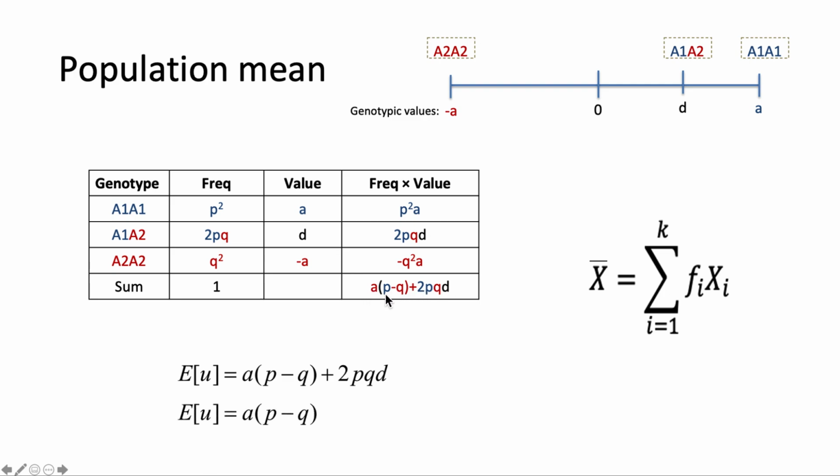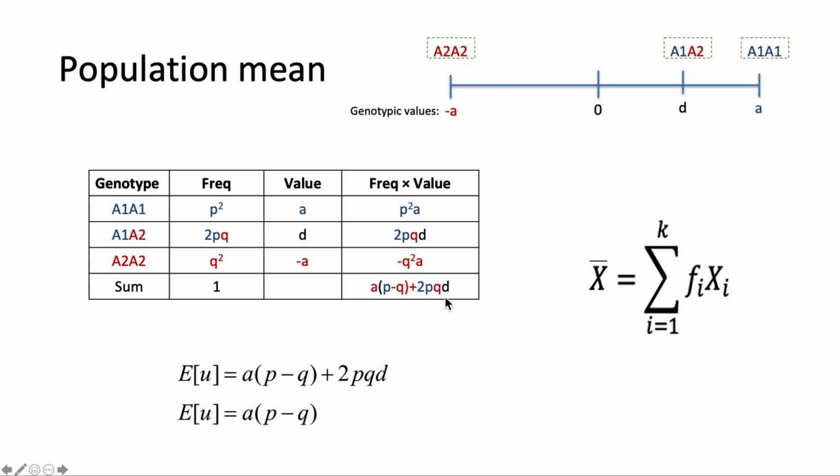This population mean is equal to the additive effect times the difference between the allele frequencies in the population. That is why allele frequencies are important to understand the effect of the genotypes in the population. And we have to add the heterozygous frequency and the dominance deviation, which is caused by some degree of dominance in the genotypes.